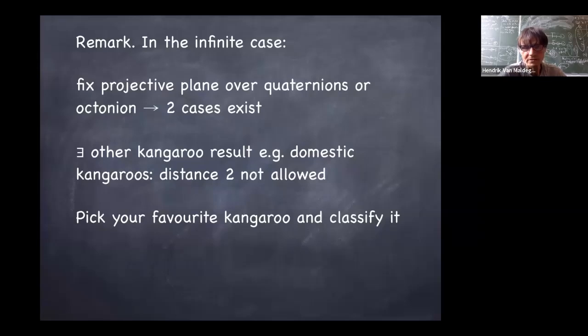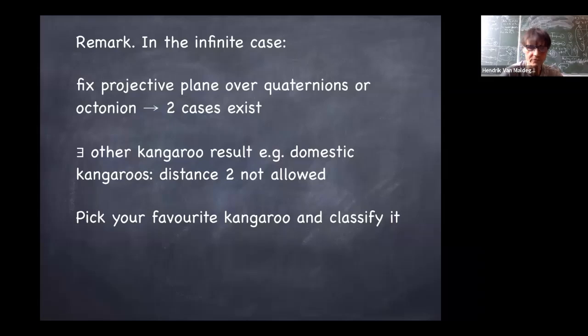Of course, there exist other kangaroo results. There are also what I call domestic kangaroos. What you can do is that instead of asking that you don't map vertices to distance 1, you don't map vertices to distance 2. It's not really a kangaroo, but it's a mathematical extension of the definition.